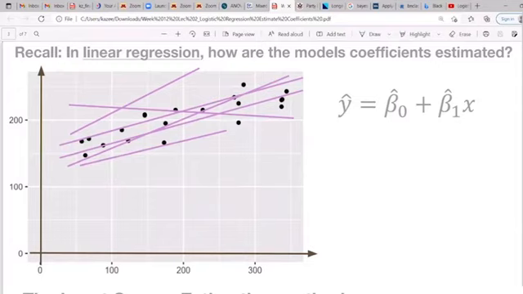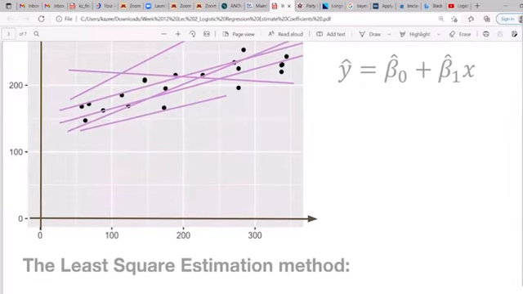But the method we use in linear regression is called the method of least squares. It ensures that the straight line we draw, and the points that do not fall on it, will not be far away from it. It ensures a minimum distance, and that is why it is called the least squares estimation method.